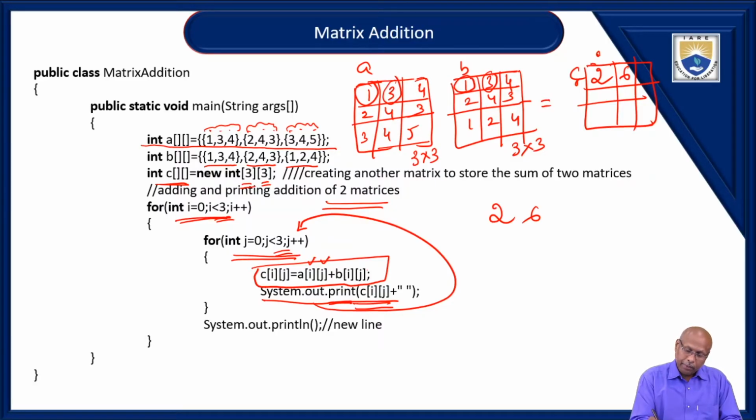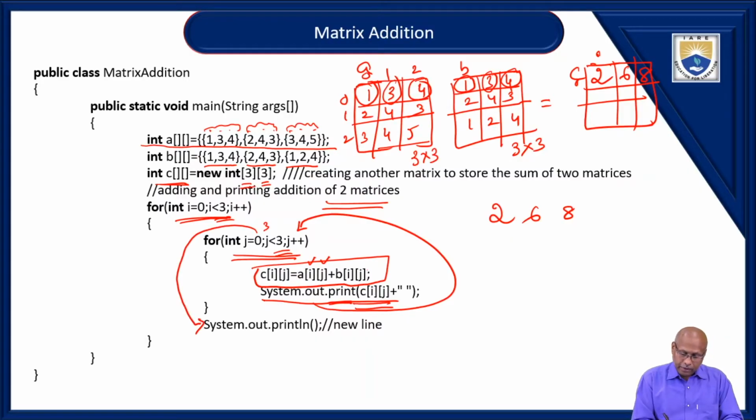Here 4, here also 4. 4 plus 4, 8. Then 8 is printed. After printing 8, j plus plus. j becomes 3. Is 3 less than 3? No. So after printing the complete row, this loop will terminate.